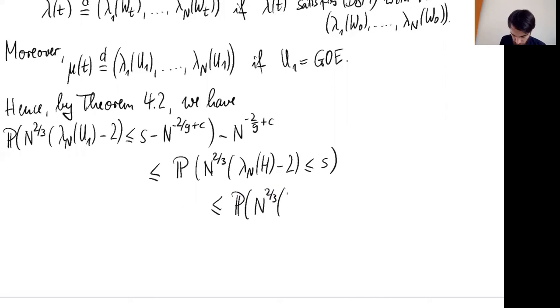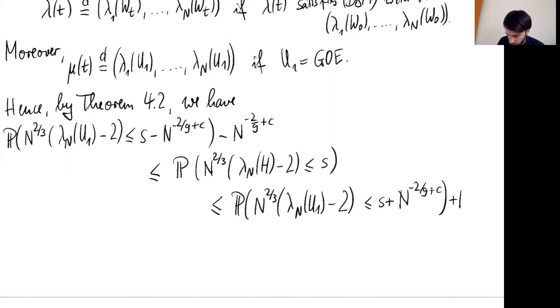And then I get here the lambda n of mu1 again, minus 2, and then it's s plus n to the minus 2 over 9 plus c, and then outside I have the same error term as well. And that's what we wanted.